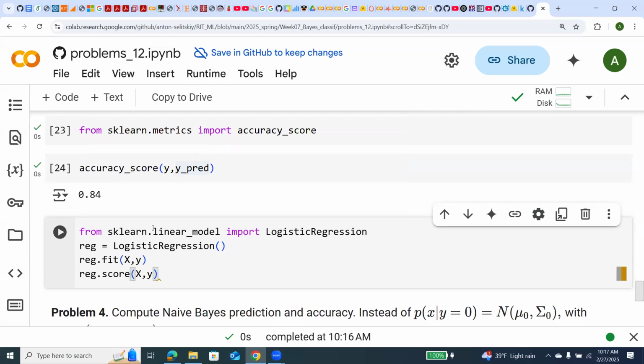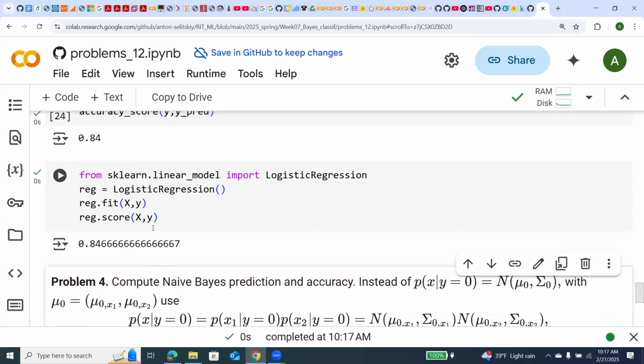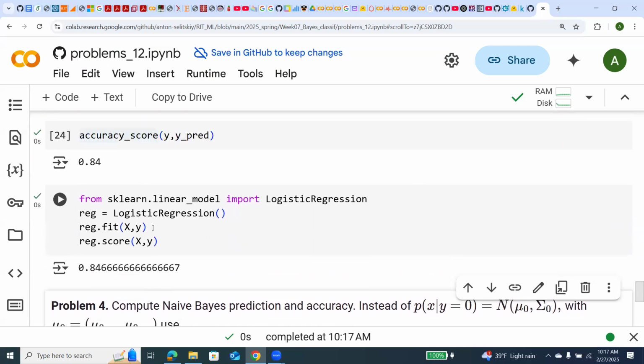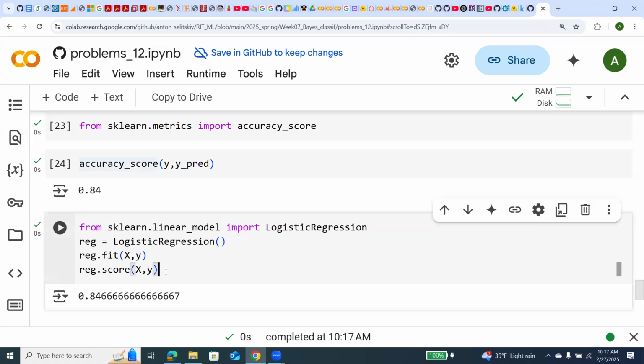I don't use the split on train and test. Well, logistic regression is actually better.